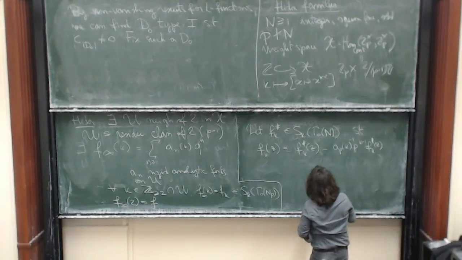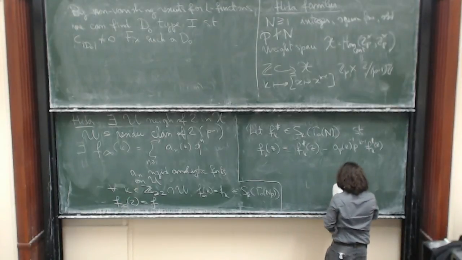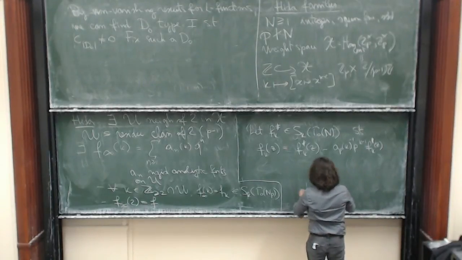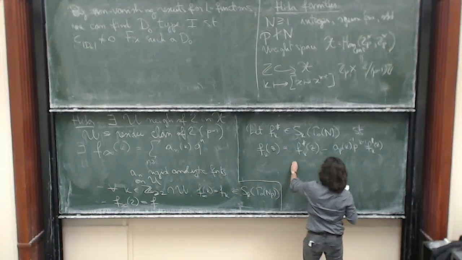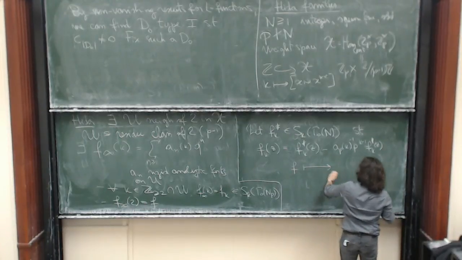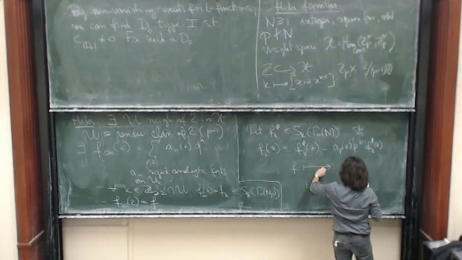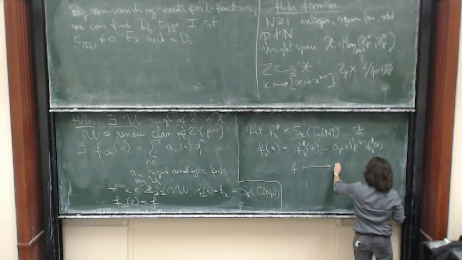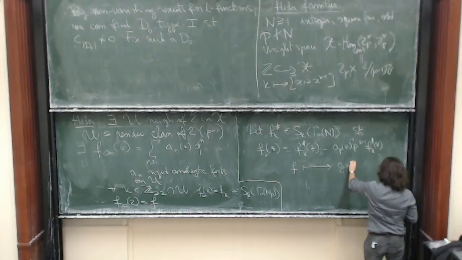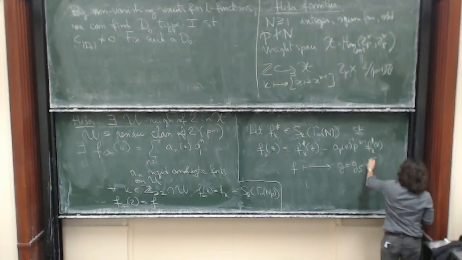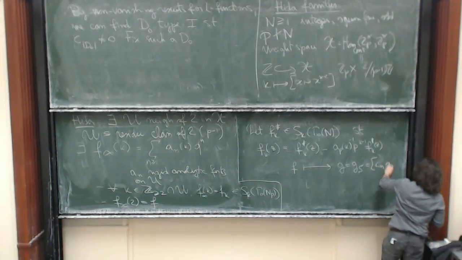Okay, so now what we have, we write: we have our f, and we can associate by this generalized Cohen lift a modular form, which we write as g, which is the sum of c n q to the n.